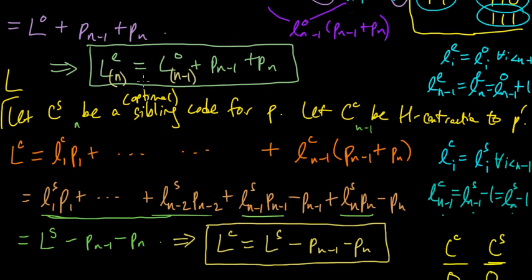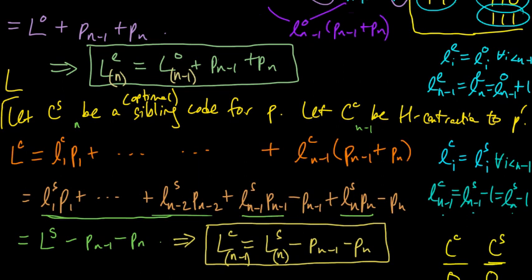Now we annotated these to indicate the lengths. This one was for p, it was on length n, this one was for p prime, it was on length n minus 1, and now our sibling code was for p, so this is on n, and our contraction was on p prime, so this is on n minus 1.